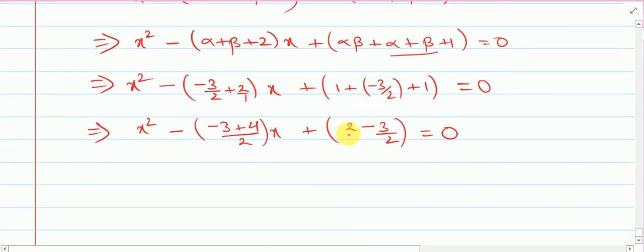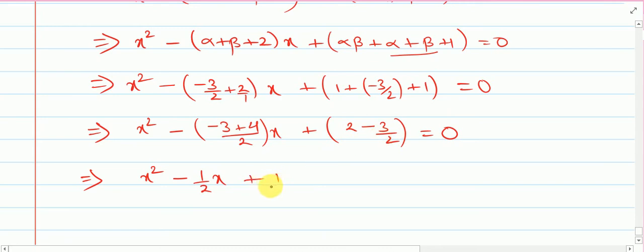I could have done this in this step only, but I will do it in the next step. So here you will get how much? Minus 3 plus 4, that means 1, so half, and here also you will get half only.